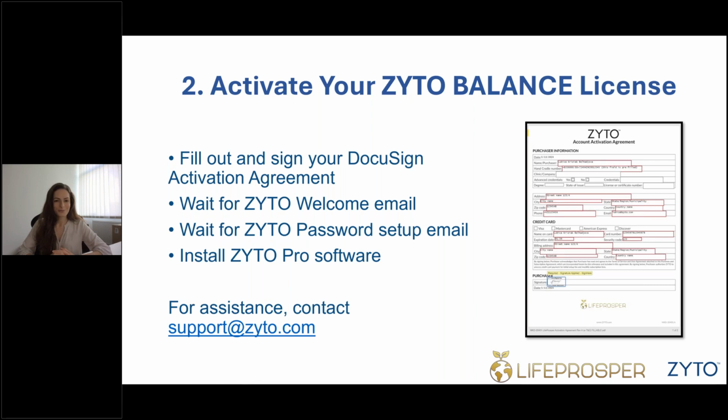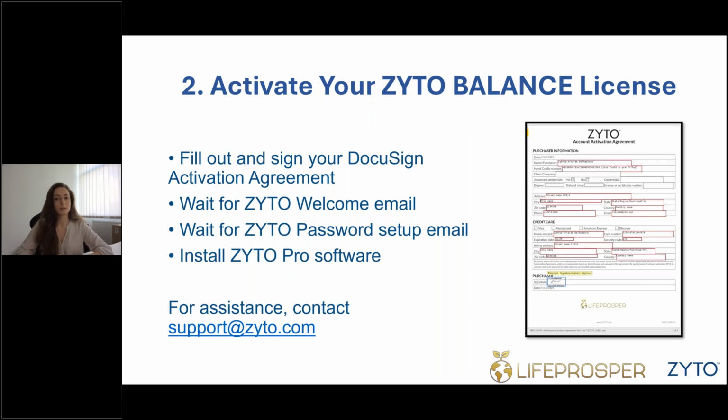There is a form that needs to be filled out. I know we normally don't like forms, all of us, so it may seem a little bit complicated, but I promise it is a very simple process that is not going to take more than 10 minutes of your time, even less. So once you purchase Zyto Balance from the Lifeprosper website, we will send you an email that you will receive from DocuSign.